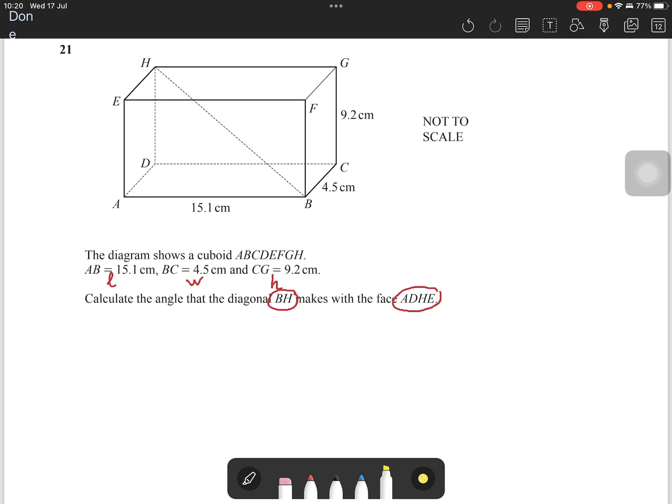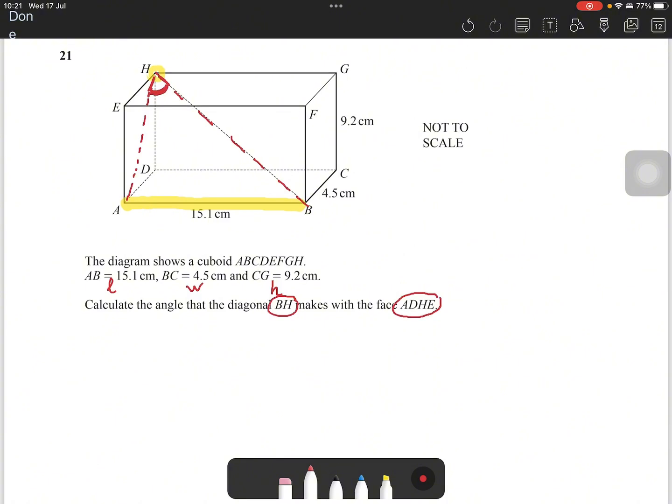First, we see that AB is perpendicular to the face ADHE, and we also see that H is a point on this face. So the angle between BH and the face ADHE is actually the angle between BH and the diagonal AH, which means we want to find this angle.